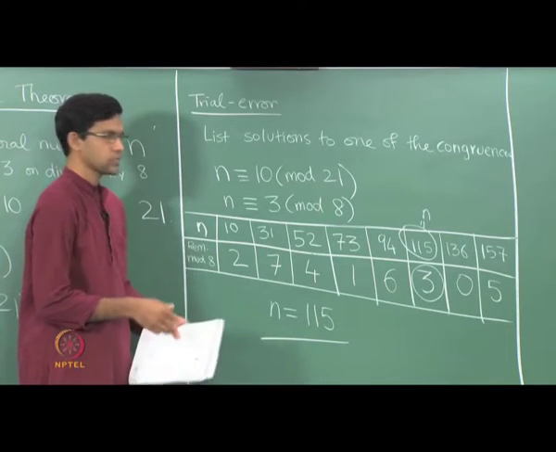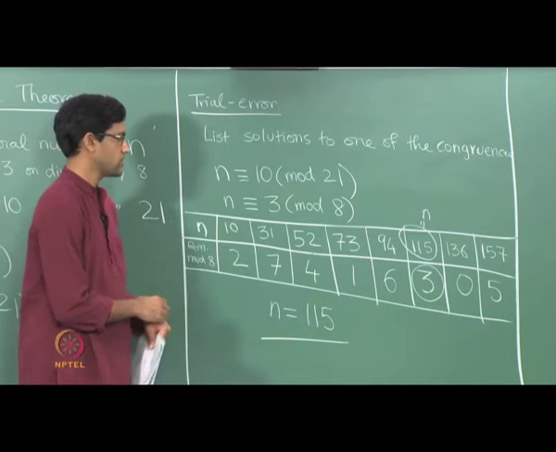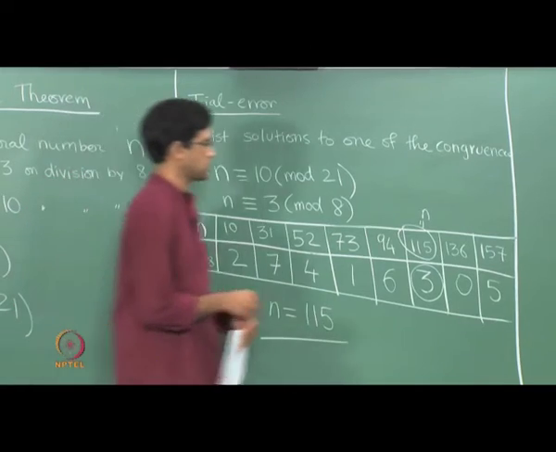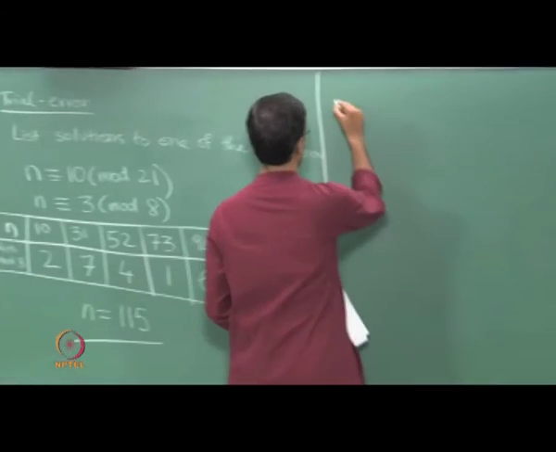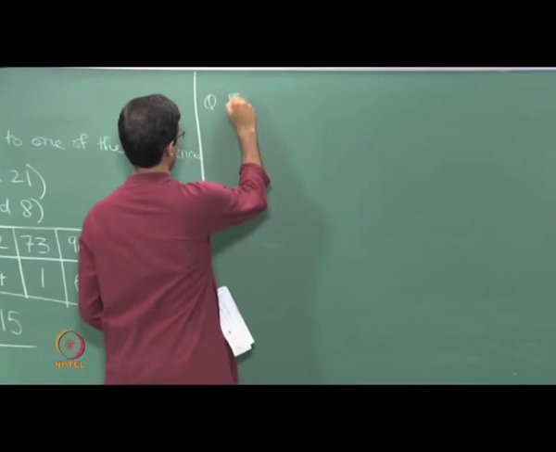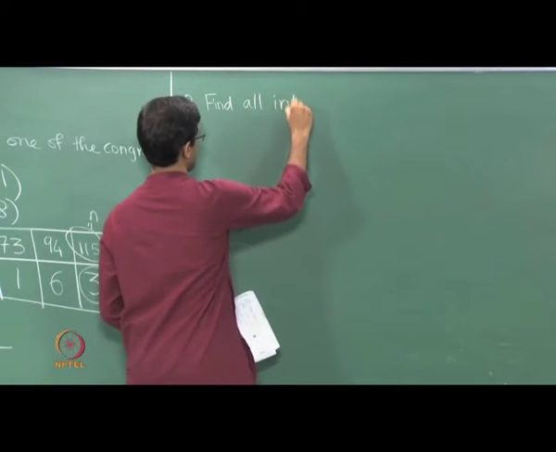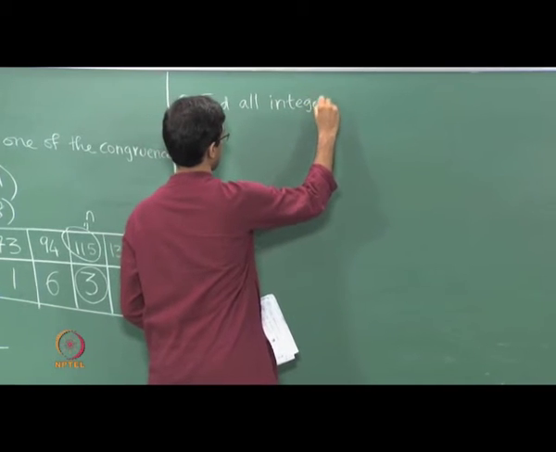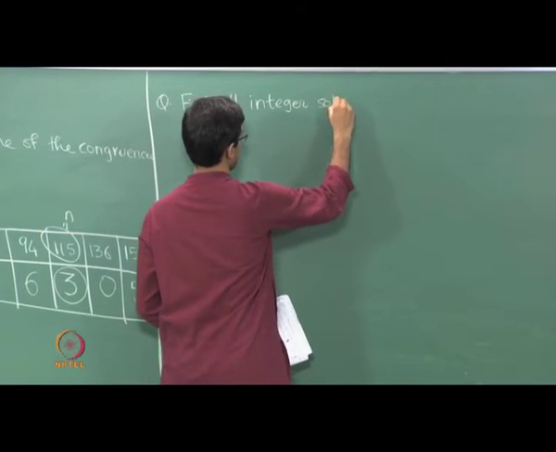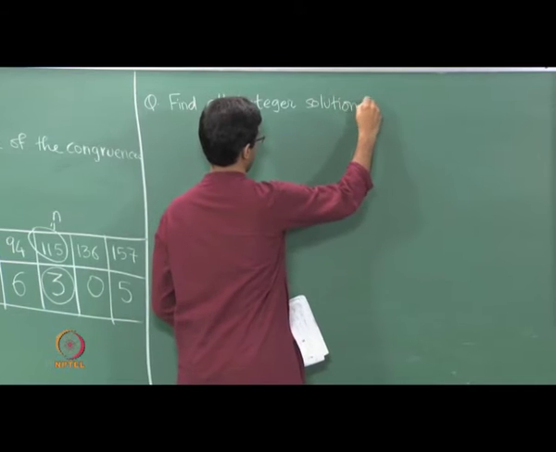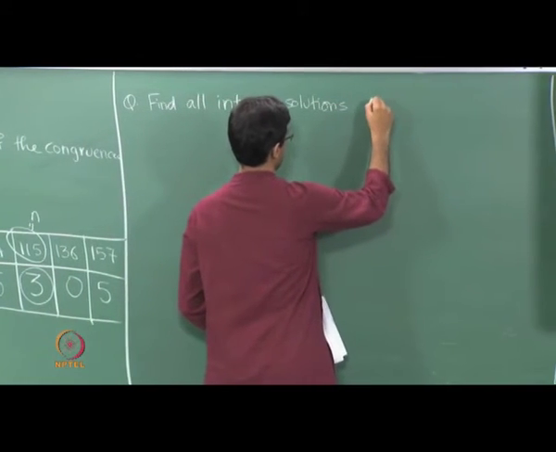Now let's also ask the following modification of this question: what are all solutions? Here's a modified problem: find all integer solutions. So I'm even allowing negative integers now. Find all integer solutions n to the following congruences.